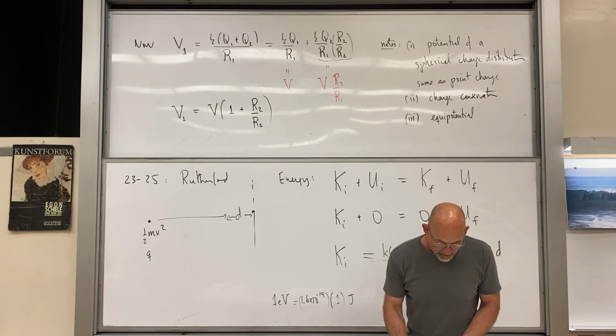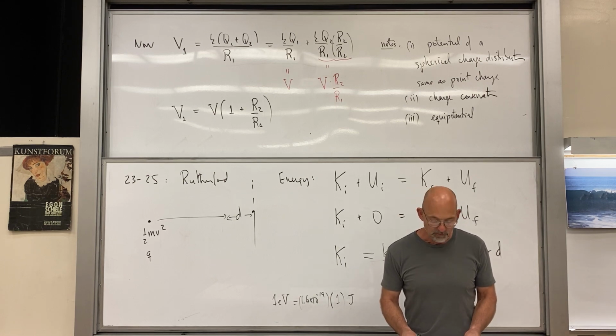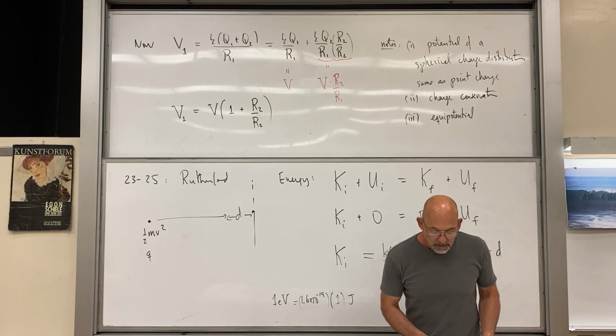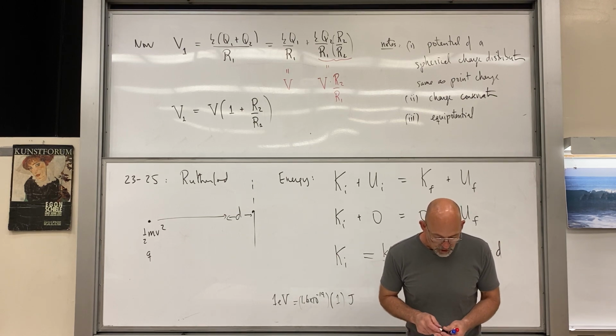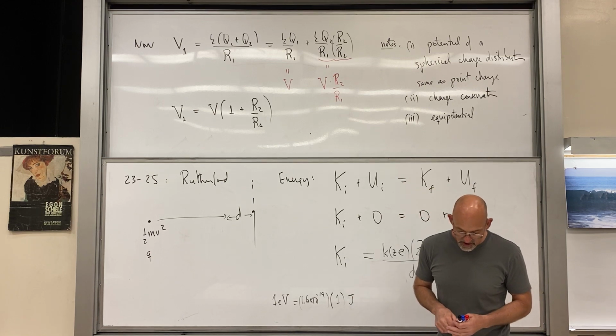What next? Problem 55. A number of people wanted to see. I was wondering if I had done that before, but I'll do it again. Yeah, so this is the potential of a linear charge distribution, a wire on the x-axis.